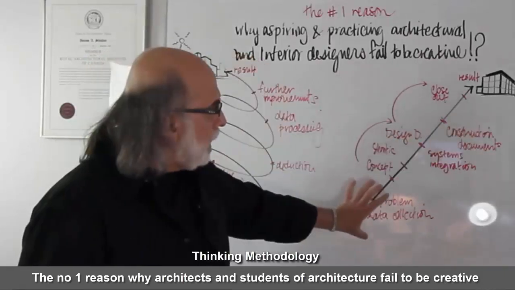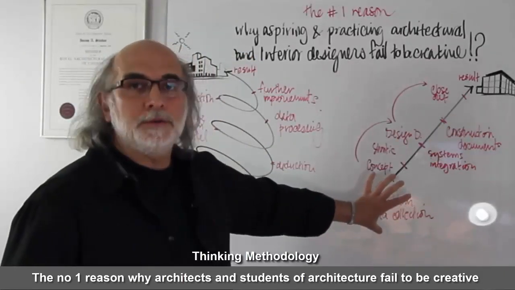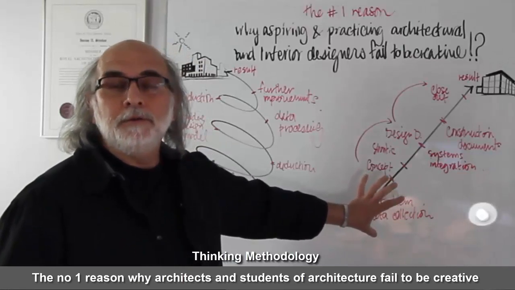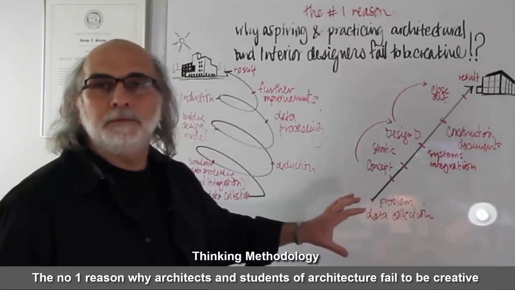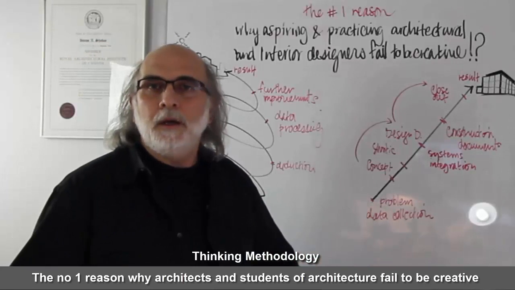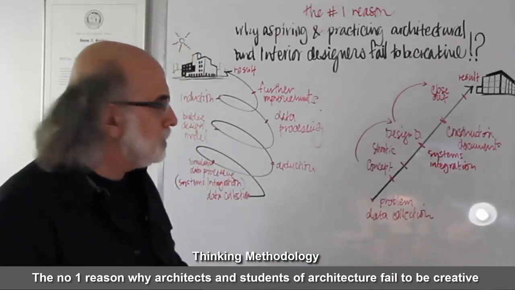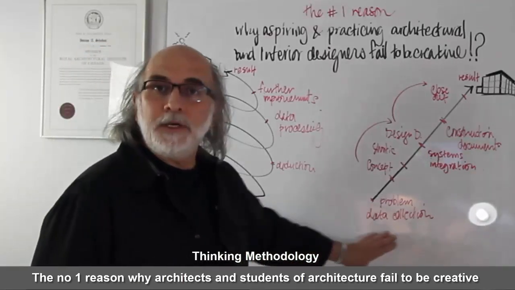You have a problem, and it's a functional problem, obviously, that fulfills a functional need by society, by a member of the society or a body of the society. So you start with data collection.